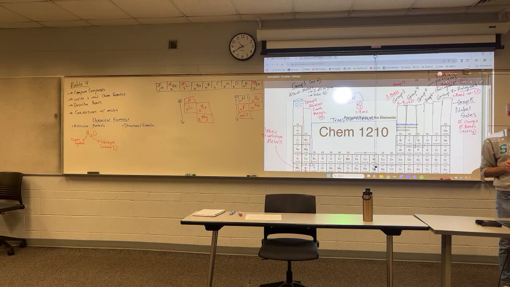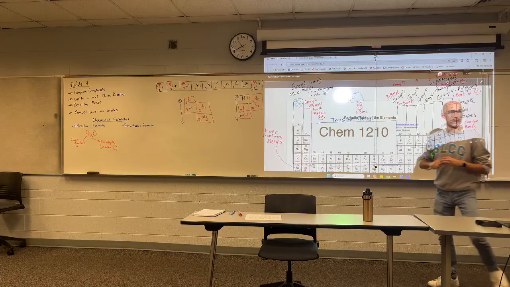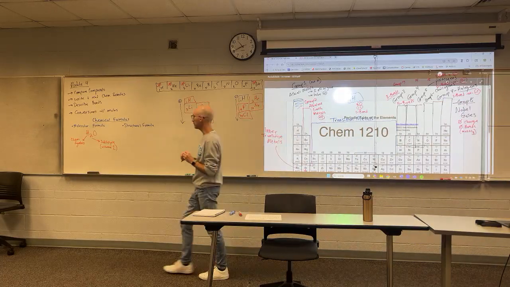The element. In other words, the number of protons in the nucleus. The subscript tells you what? How many of those nuclei are present in the molecule. Notice that I put subscripts assumes one. How many oxygen nuclei in water? One. There's only one nucleus. We don't write it. How many hydrogen nuclei in water? Two. We have to explicitly say it.